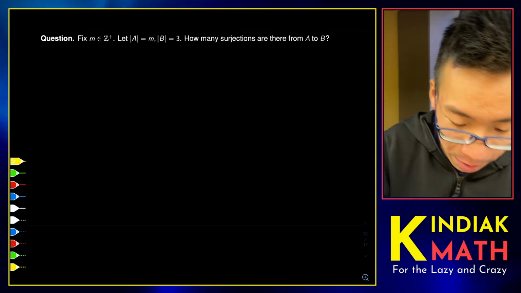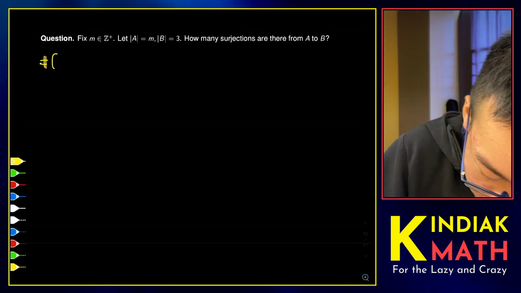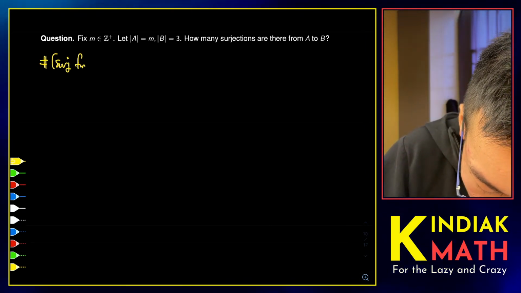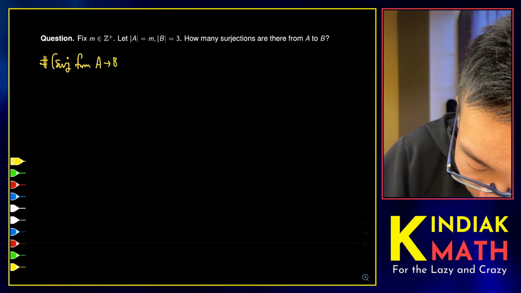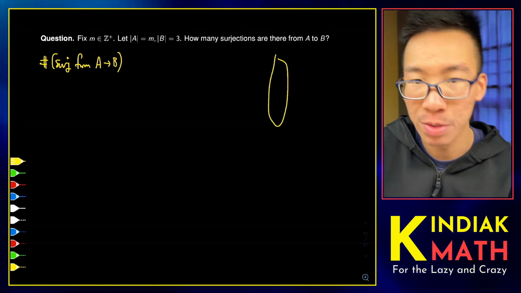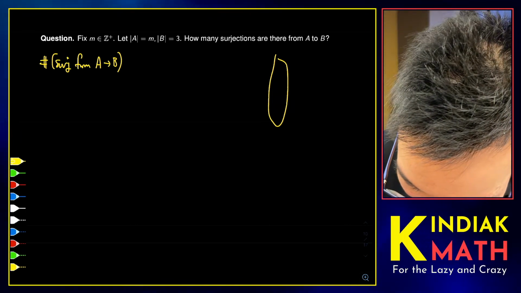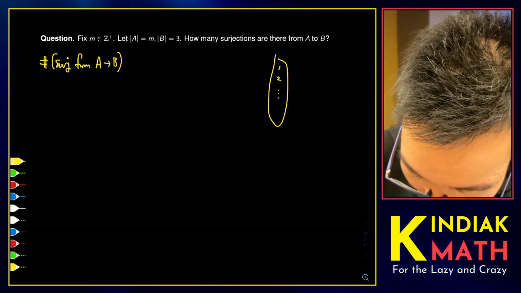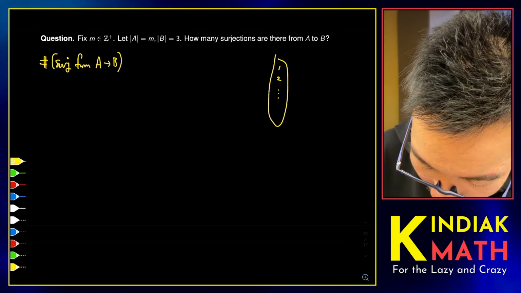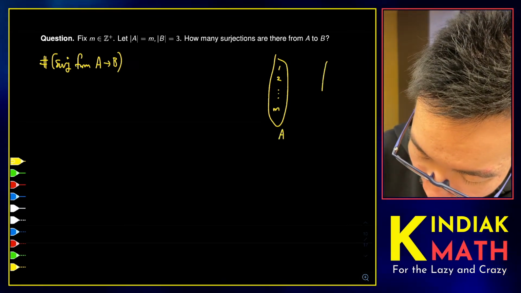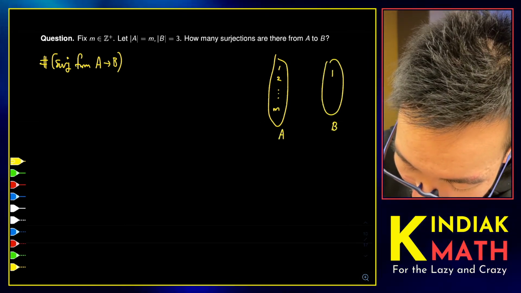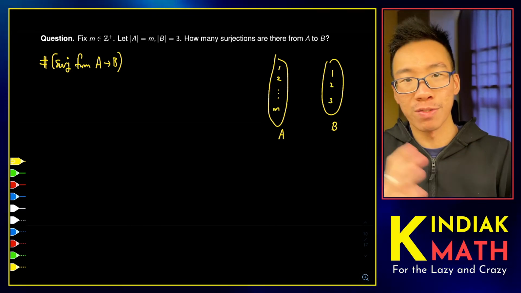We're going to count the number of surjections from A to B. Now we'll just abbreviate A by calling this 1, 2 all the way to M. And let's abbreviate B by 1, 2, and 3 without loss of generality.